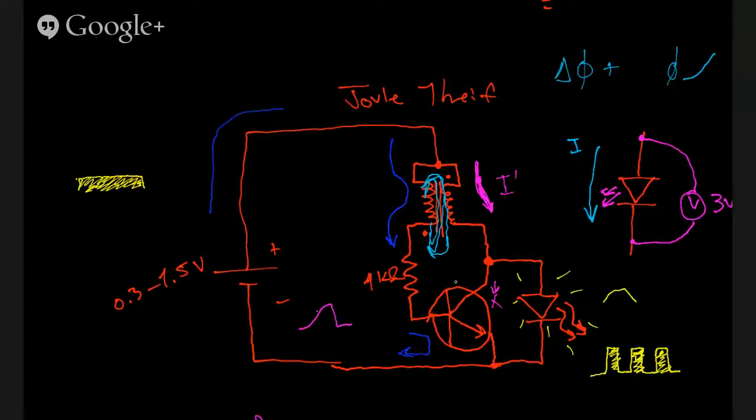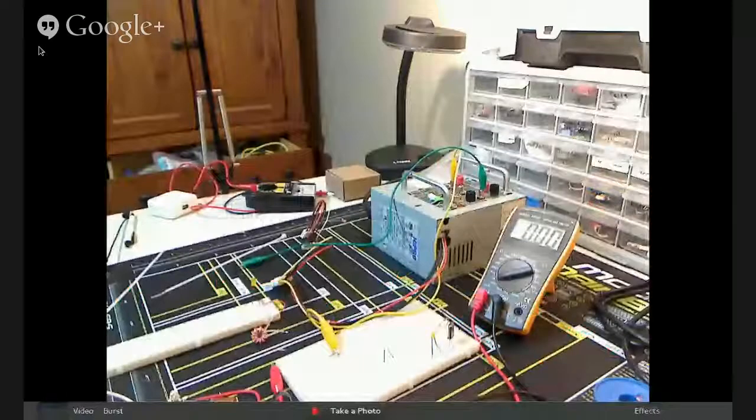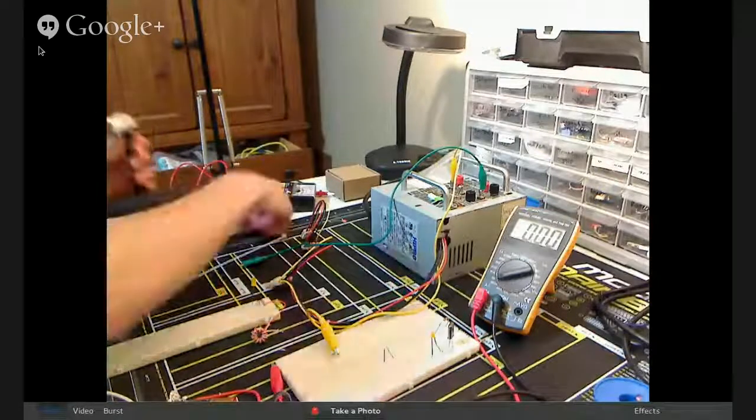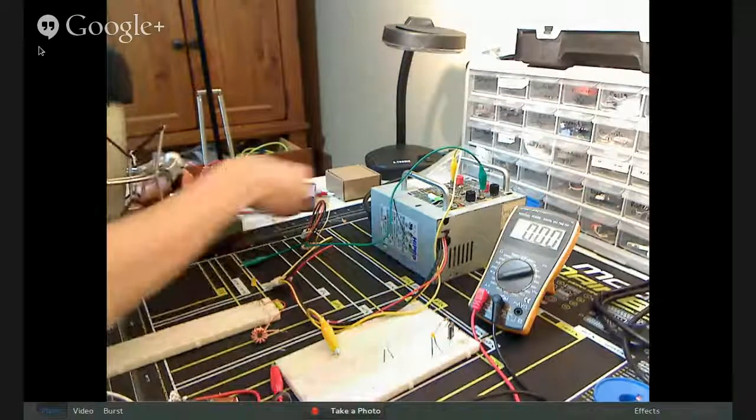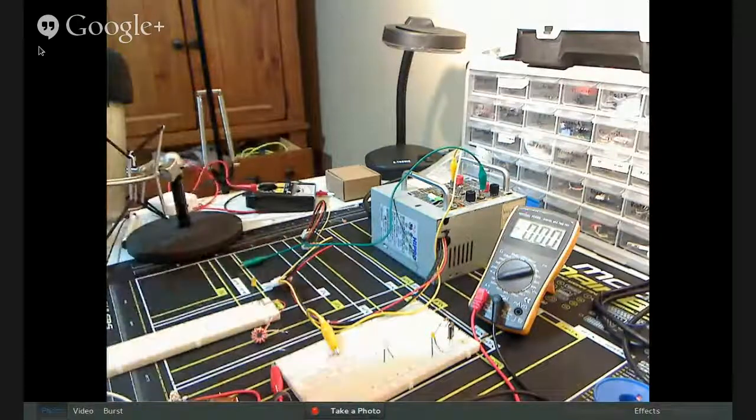So we'll go ahead and build it. I'll show you how to. It's really easy. These are all mostly parts you can find at a local RadioShack, or you can probably find most of these parts in salvaged electronics. I've got one built up here.